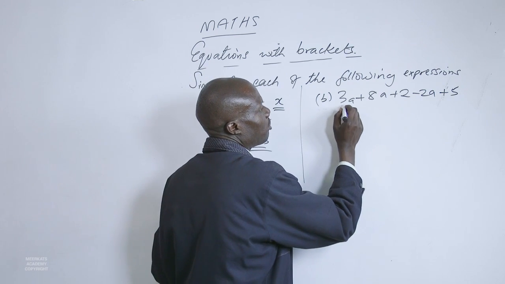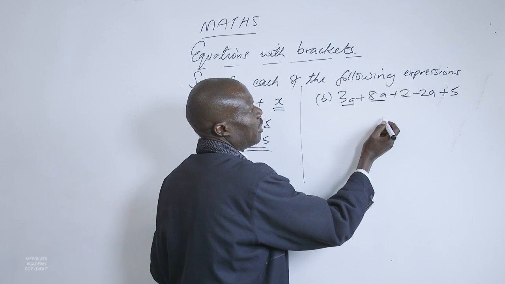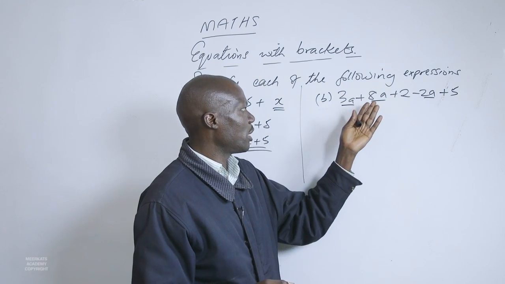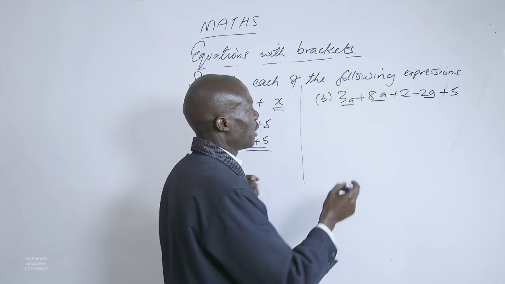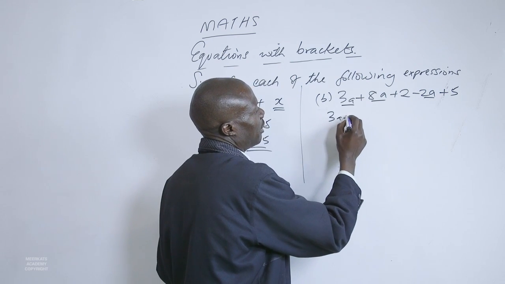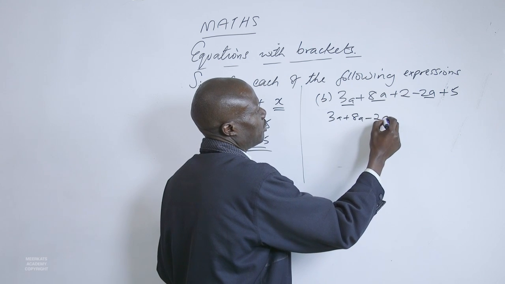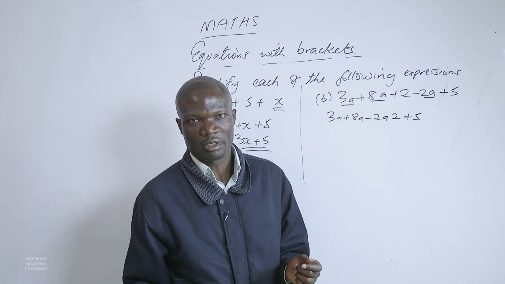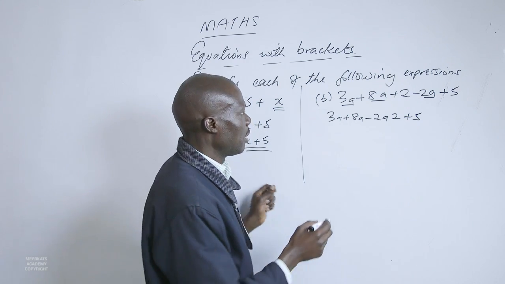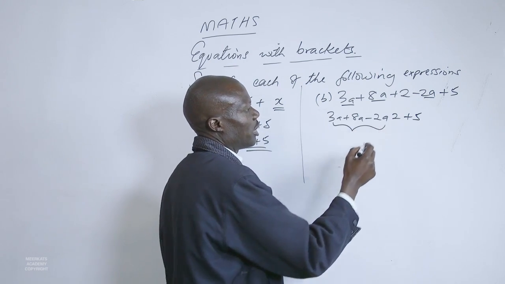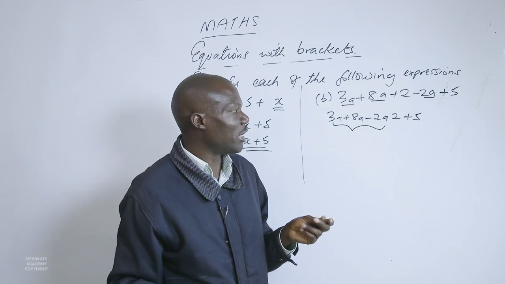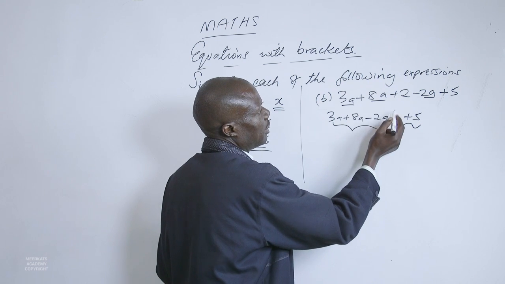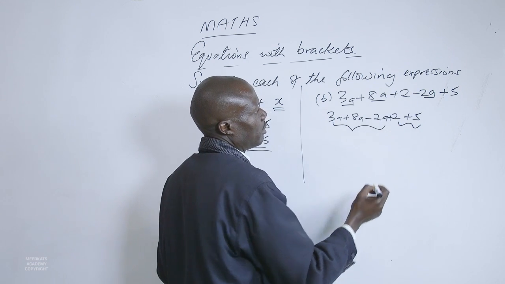The like terms with pronumerals are 3a, 8a, and 2a. So you can write 3a plus 8a minus 2a, and then the constant is 2 plus 5. Look at how the signs are being written. All the way from here to here are like terms of a.